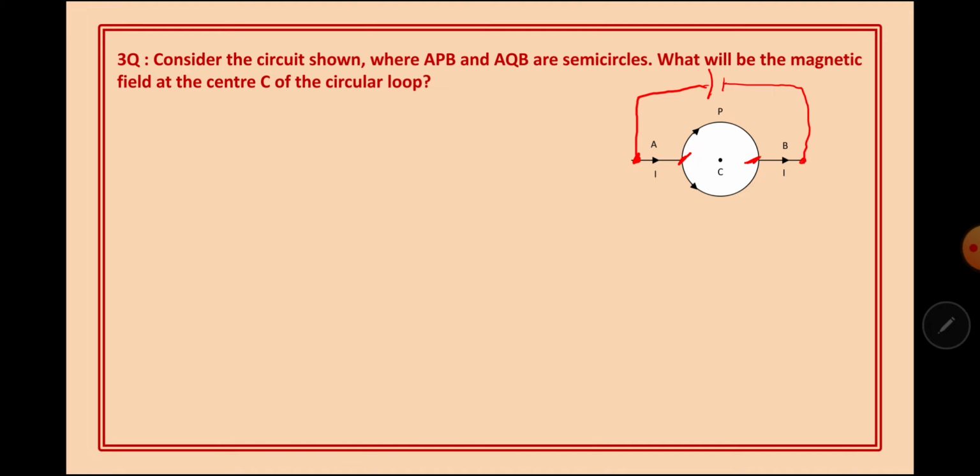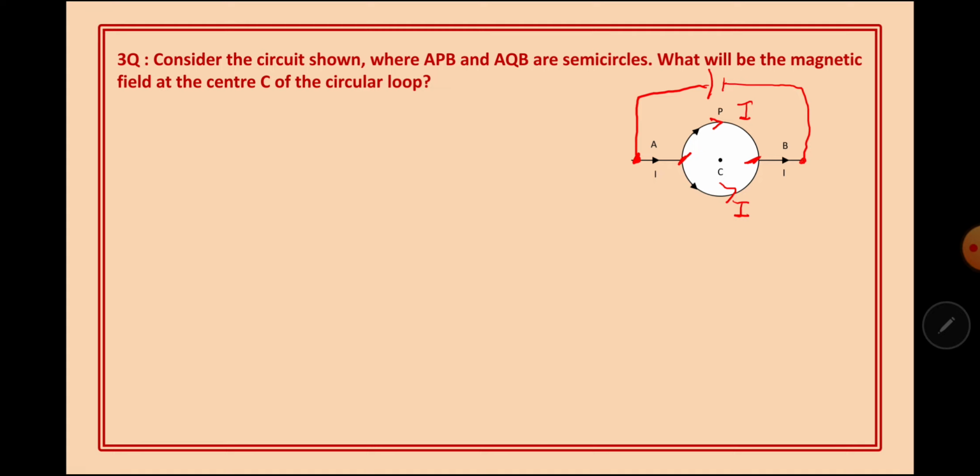Now as the two parts APB and AQB are given to be semicircles, their lengths will be equal, their resistance will be equal, and as a result the current will be equally divided in both the parts. So both parts have the same amount of current. Therefore each semicircle will have the same value of magnetic field.